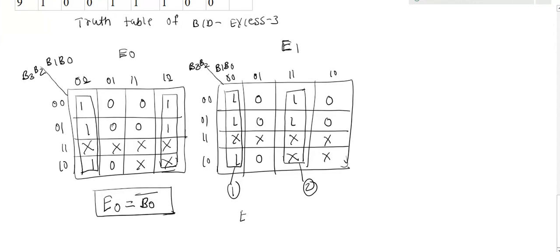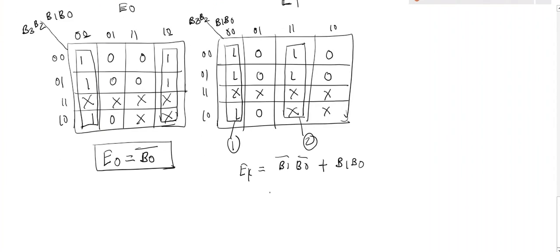Now after finding the terms represented by group number 1, horizontally all the variables are lost, vertically 0, 0, that is B1 bar and B0 bar. Group number 2 is representing horizontally all the variables lost, vertically the variables are B1, B0.